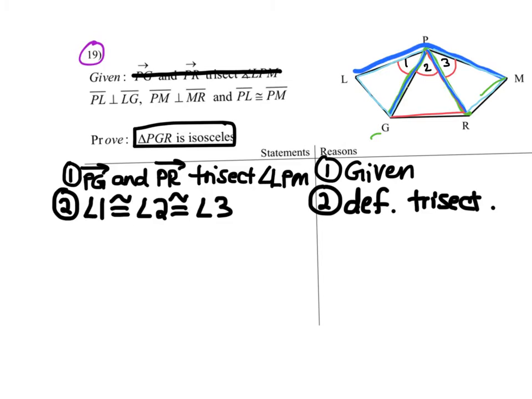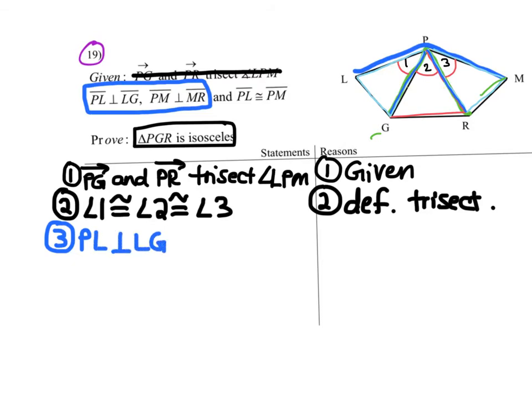My next part, and I'm going to put this in the same step, is that PL is perpendicular to LG, so there's going to be a right angle right there.